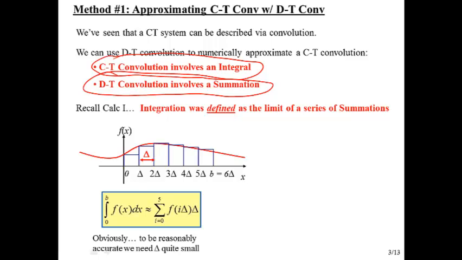So at some point, if you make these rectangles narrow enough, you don't have to necessarily go all the way to the limit to actually get an integral. You can stop somewhat short of that and have some very narrow rectangles and have a very accurate approximation to your integral. And this is something that's actually called numerical integration.